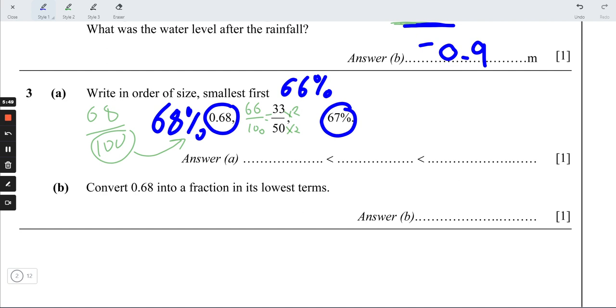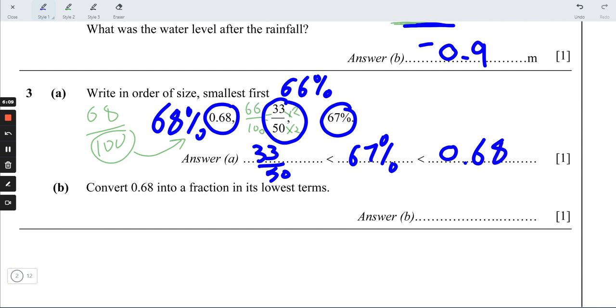So the smallest number here is 66%, but you should write the original number, which is 33 over 50. Then we have 67%. Then the last number is 0.68, which is the greatest number.